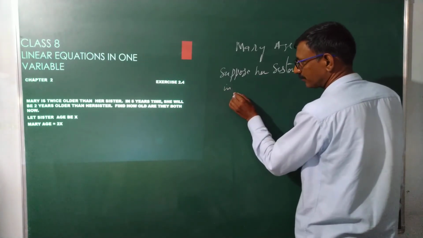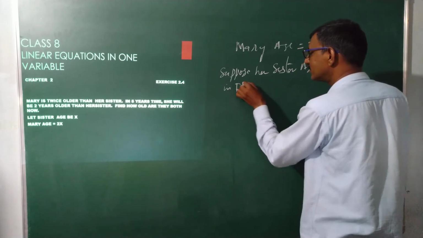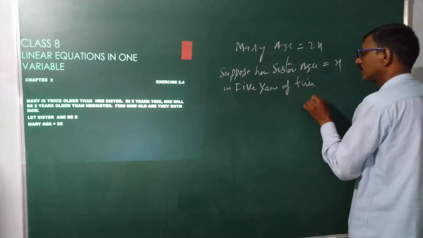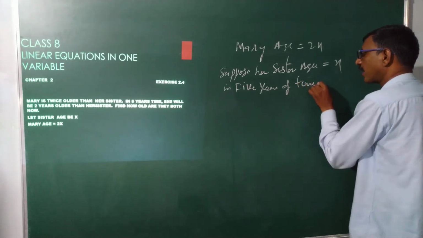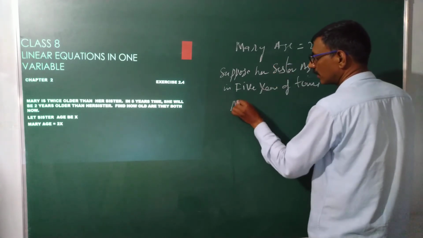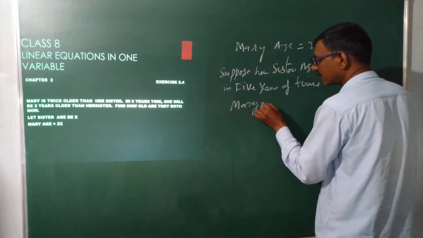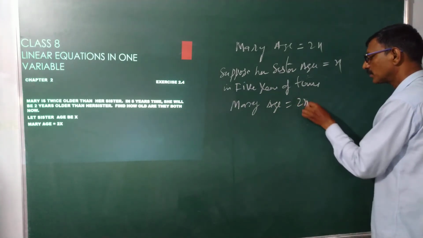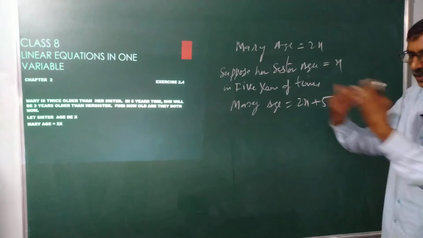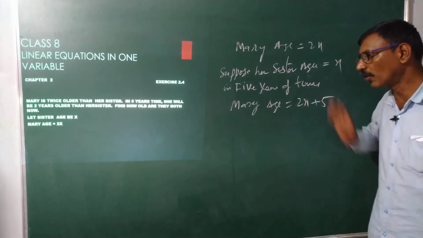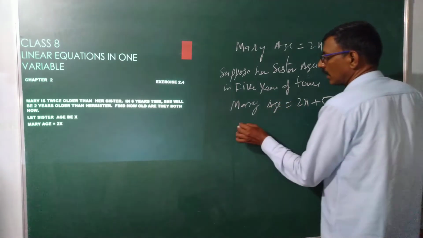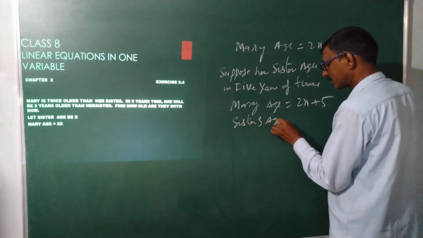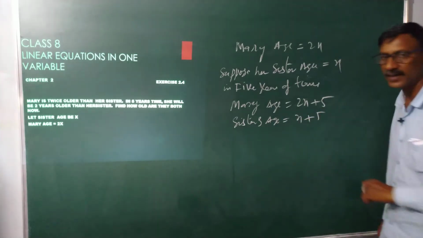In 5 years of time, very important, Mary's age is equal to 2x plus 5, because it increased by 5 years. Okay. Sister's age is equal to x plus 5. Am I right?